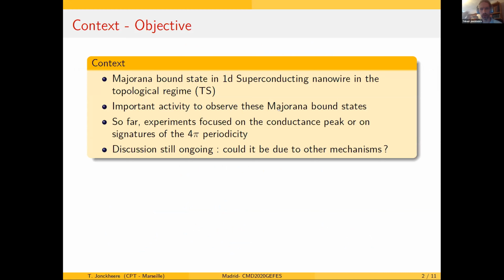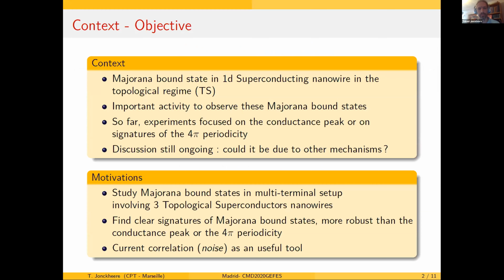I don't really need to introduce the context about Majorana bound states. We are interested here in Majorana bound states in 1D nanowire topological superconductors, and in getting more understanding and more proof of these Majorana bound states. Our approach is to study a multi-terminal setup, more than a simple two-terminal setup.